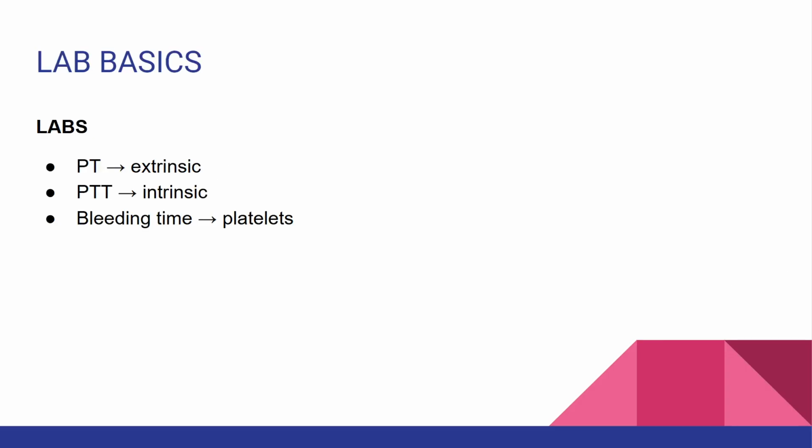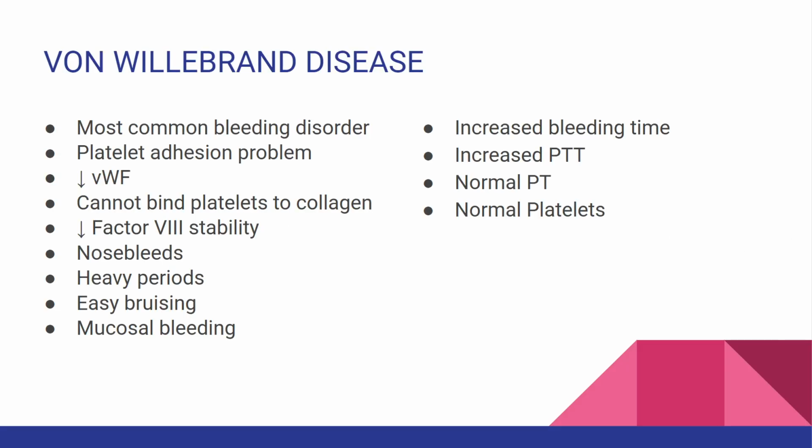And then just lab basics: PT tests the extrinsic pathway, PTT tests the intrinsic pathway, and bleeding time tests platelets. So if the bleeding time is prolonged, then you know it's a platelet problem. Whereas if the PT is prolonged, then you know it's an extrinsic pathway problem. So let's start with von Willebrand disease.